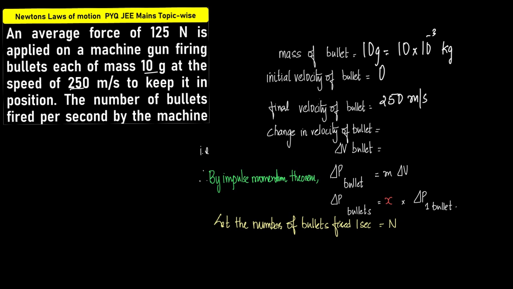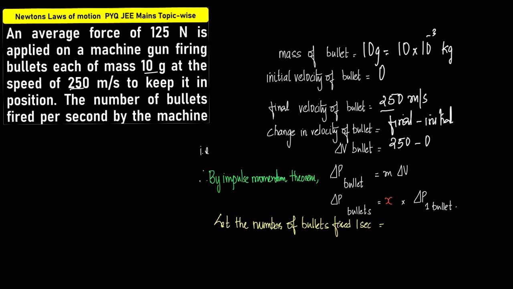So what is the change in velocity of the bullet? It is the final velocity minus the initial velocity. So delta V of bullet is 250 minus 0.